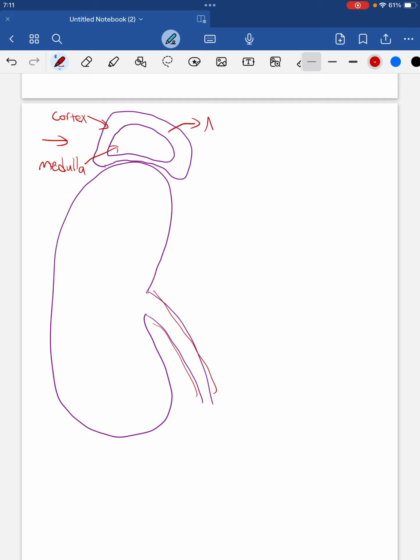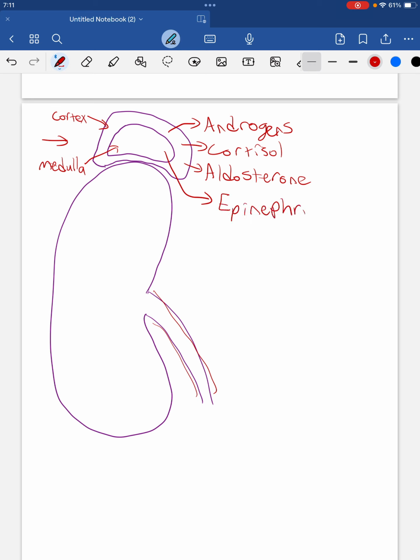So we secrete androgens, cortisol, and aldosterone, all from that cortex area. From the medulla, we release epinephrine, also known as adrenaline, and norepinephrine, also known as noradrenaline.